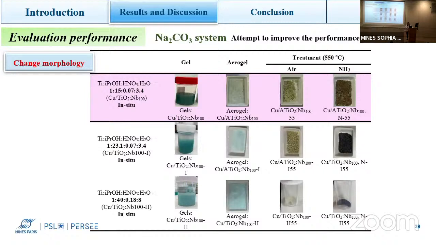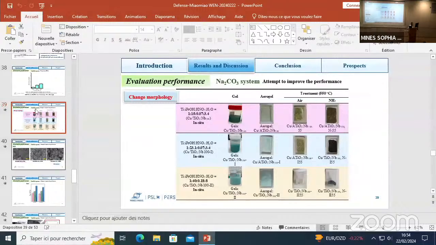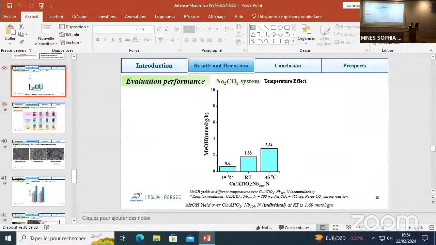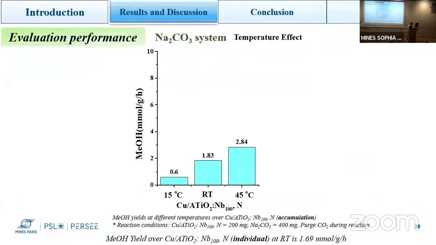A last question about the effect of the temperature when we are looking at the activity. Slide 38. Yes. If you analyze this result, what is the reason for the increase of the activity?